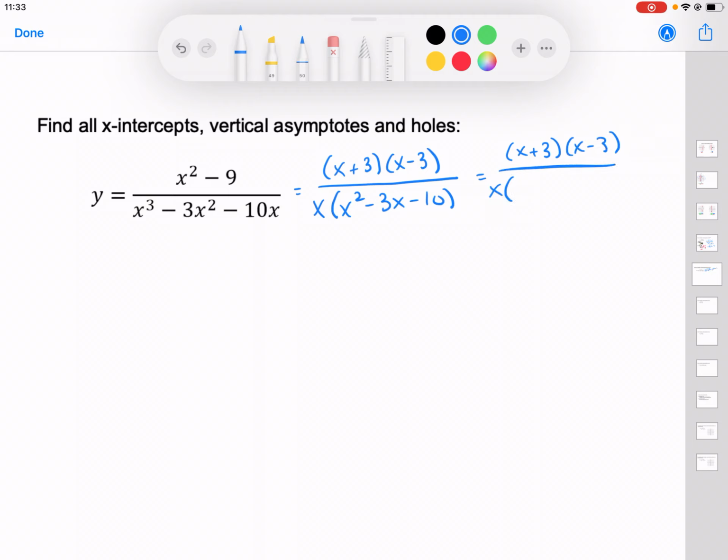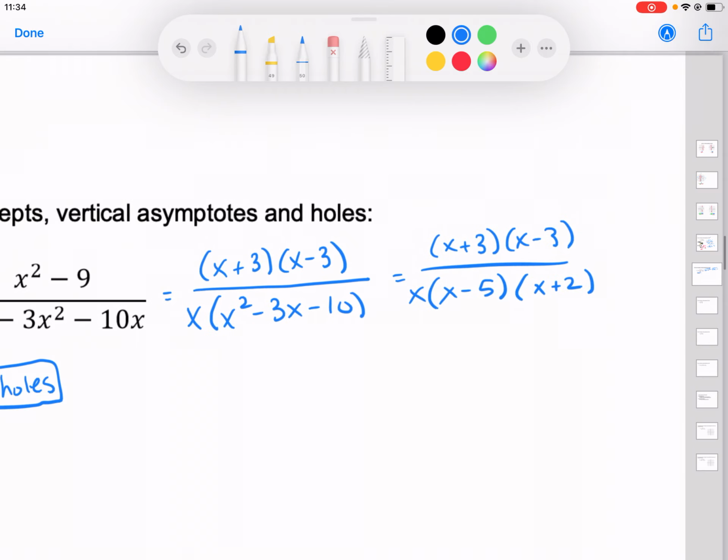So factors of negative 10 that add up to negative 3 are negative 5 and positive 2. So for this one, no holes, because there are no common factors. I guess I could have just written that down right here, no holes.